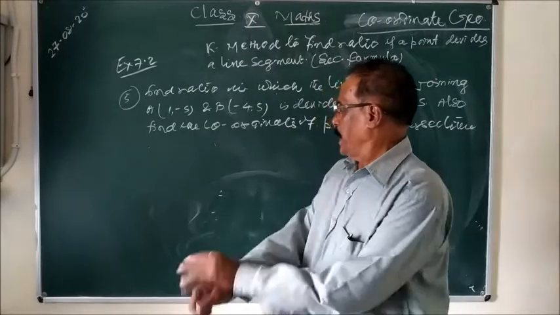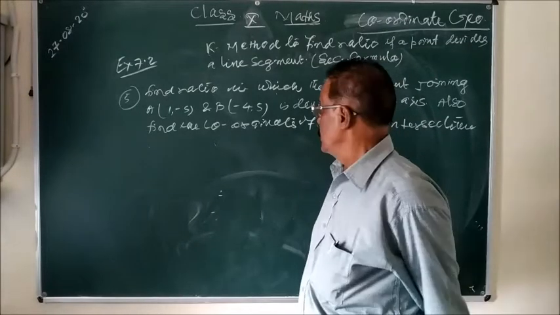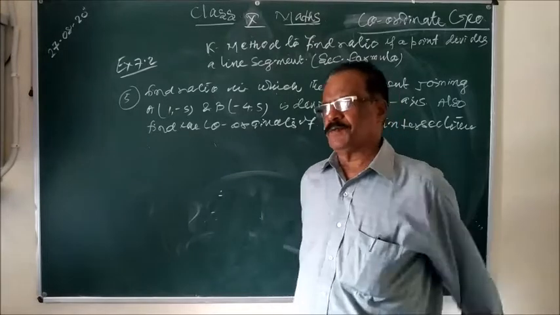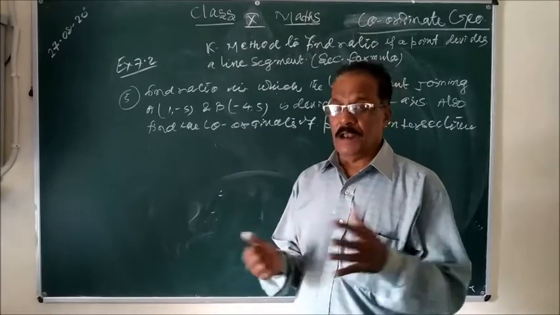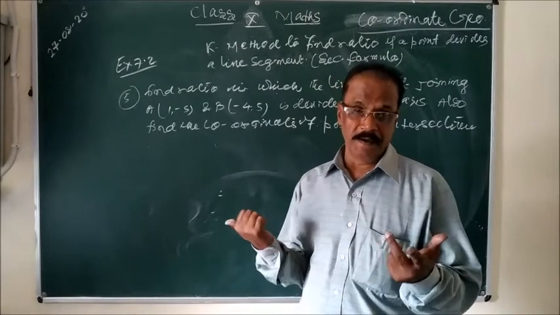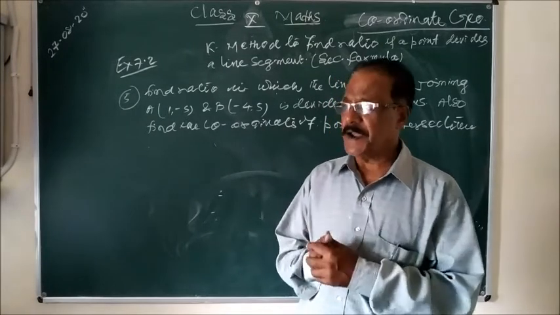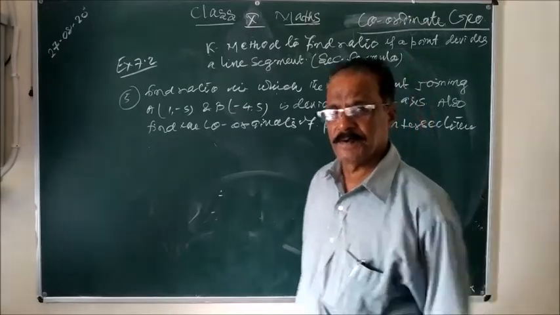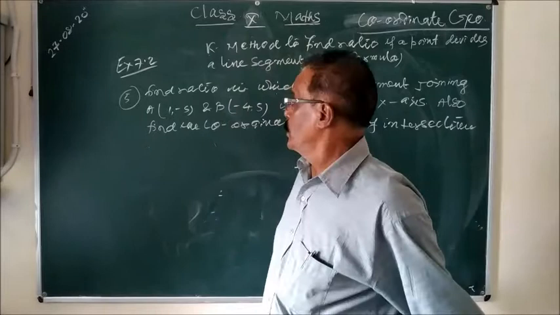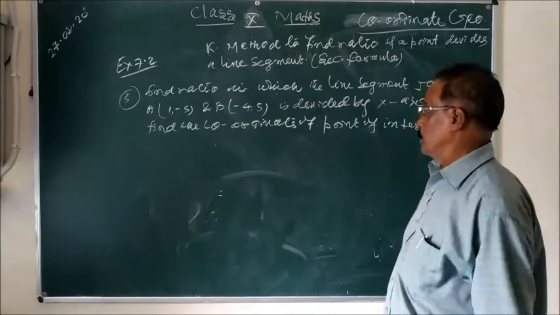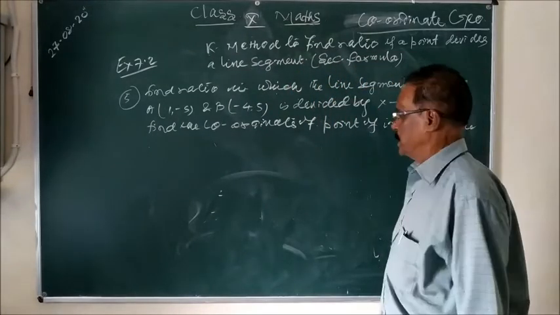In this chapter, I am very close to the end. Today I have to explain the K method to find the ratio in which a line segment is divided by a point, if the coordinates of the endpoints of the line segment are given, and we also know the coordinates of the point which divides.